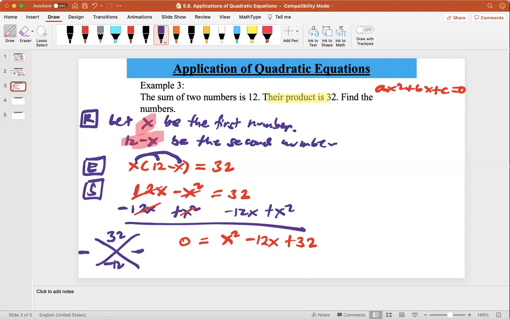And what are these numbers? 32, whose sum is negative 12. What are these numbers whose product is 32? All right. No one's answering me. Only Gawache can answer. Jalawit can answer. 8, 4. Okay. Correct. That's correct. Negative 8, negative 4. So let's write our binomials.